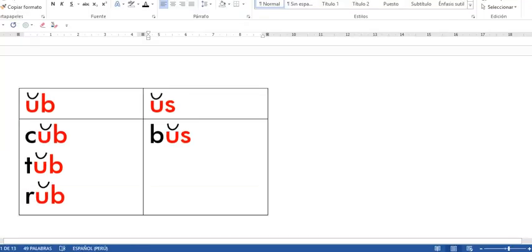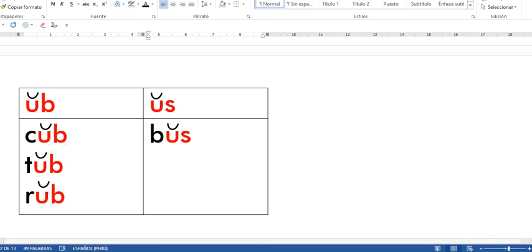Finally, we have got the A sound. We have got here A and B. So we have got ab, ab, ab. With k, cub, cub, cub.